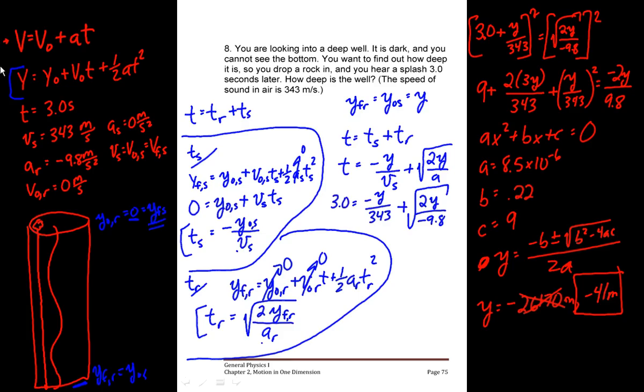Now you can take this and plug it back into some of our previous expressions. We could plug it in here and find our time, and here and find our time, and then add up those times just to make sure that they add up to 3, and they do add up to 3.